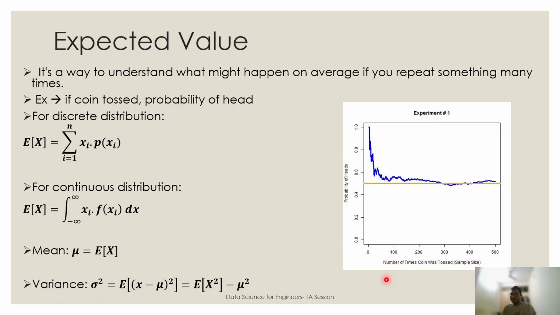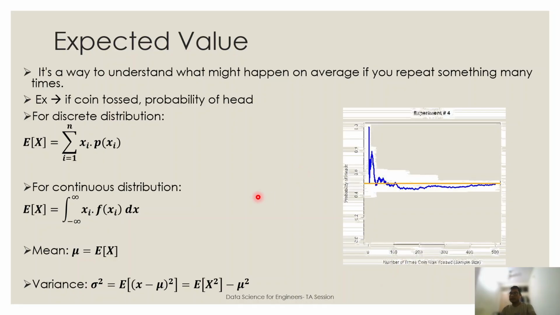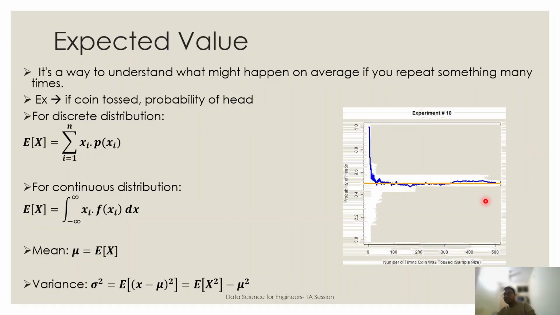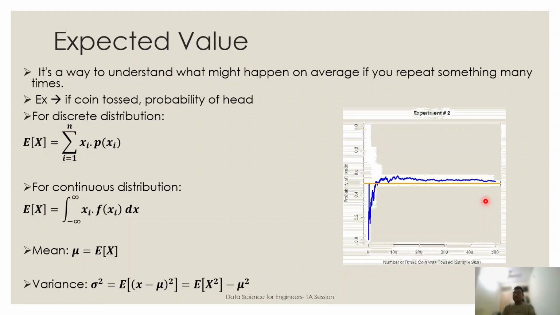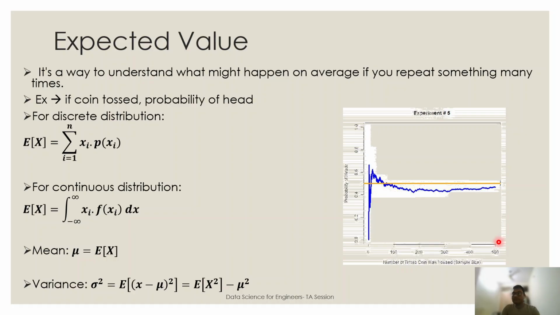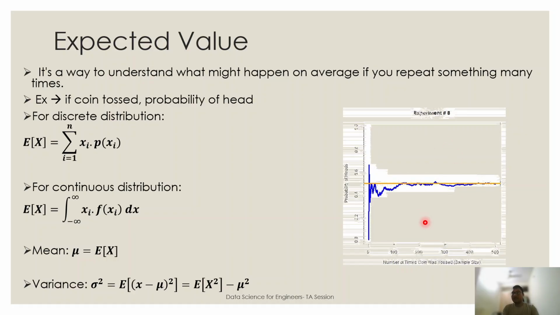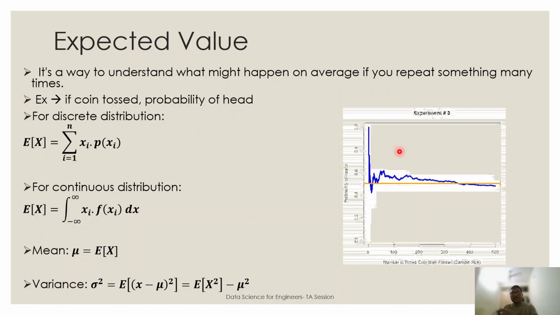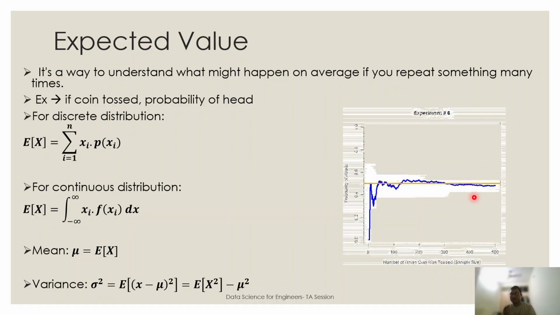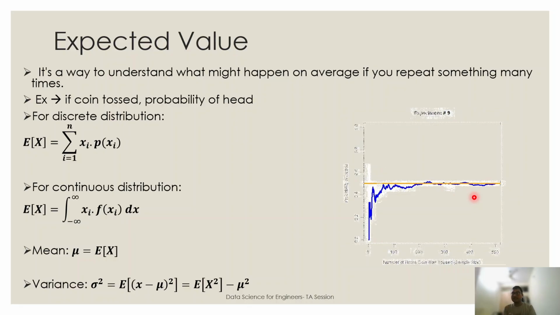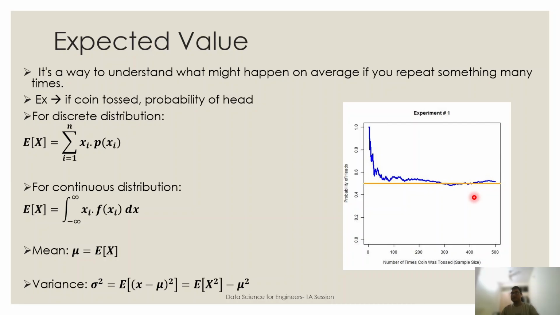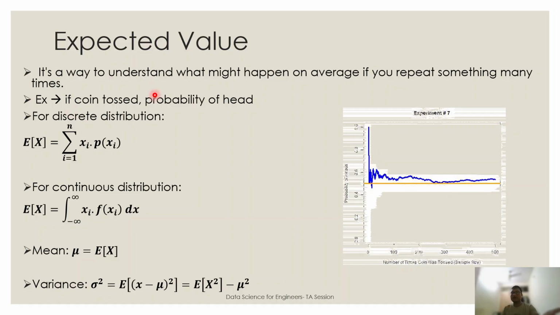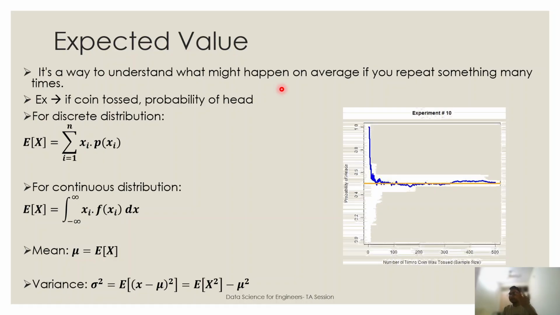Every time you increase the number of events and calculate the probability for that number of flips of your coin, you will end up, out of 500 flips, with near 250 heads, or 240, 260 like that. He will get values of tails and heads. Okay, so that's exactly what the expected value tells about. It's a way of understanding what might happen on average.